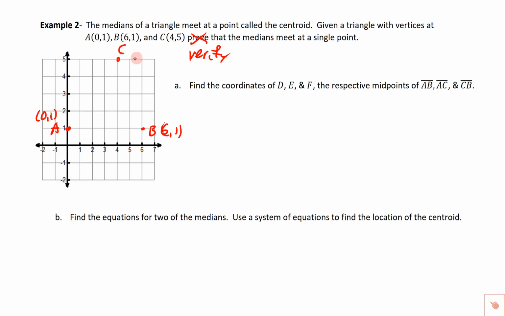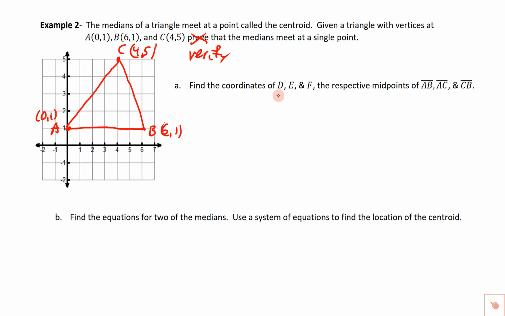So we're way up here. So our triangle looks like this. Okay. So this is stepping us through the process of demonstrating and verifying this is true.